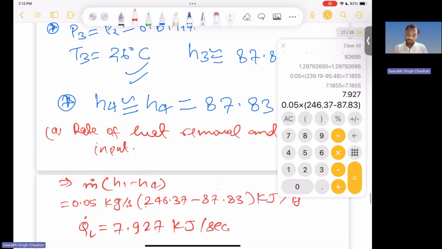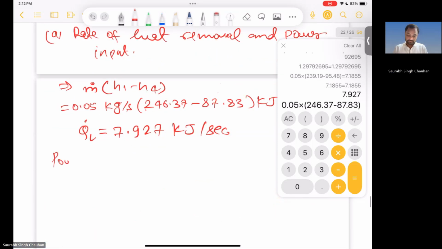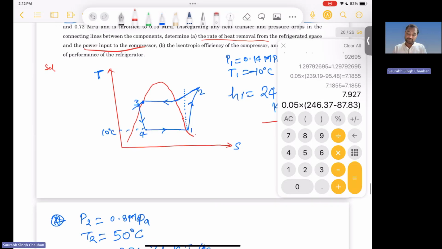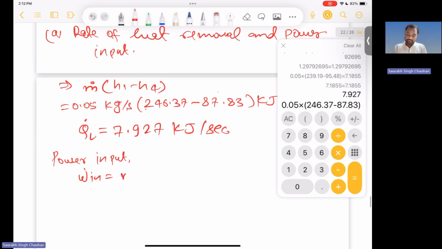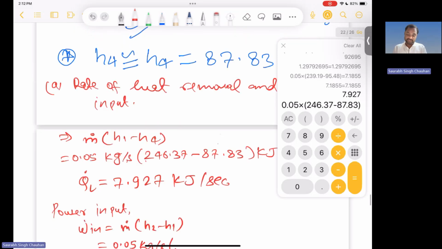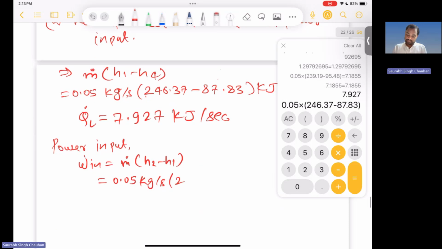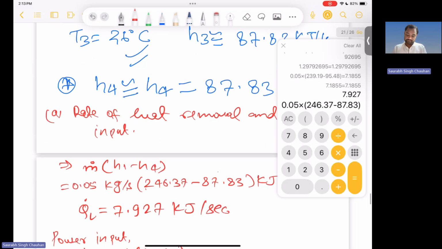What else? Power input. The power input will be from process 1 to 2, right? What is H2? H2 is 286.71 minus H1.